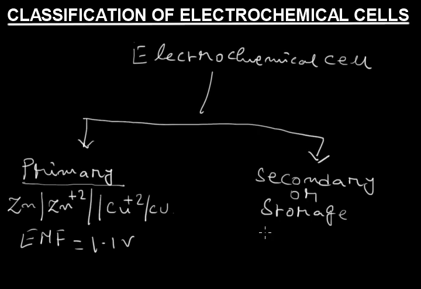That is, the cell can be charged up to its initial position. A very common example of a secondary or storage cell is the lead accumulator cell.